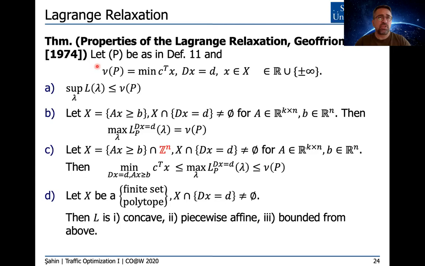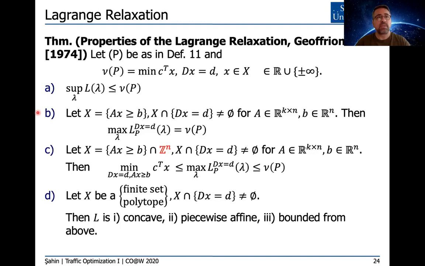Let's denote the optimal objective of the problem of interest by nu_P here. As we see here, this is a very similar case to any other relaxation, and in the case of minimization, it is considered as a lower bounding problem. In addition, we can say the following about the Lagrange relaxation. A, the largest of the objective function values of any Lagrange relaxation over all vectors of multipliers is a lower bound to the optimal objective of the original problem.